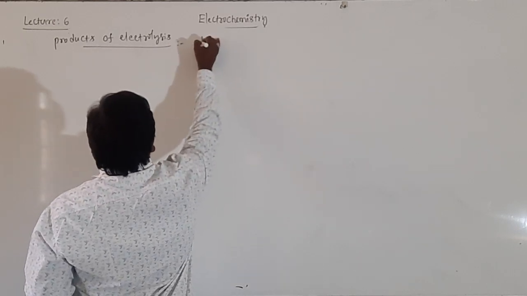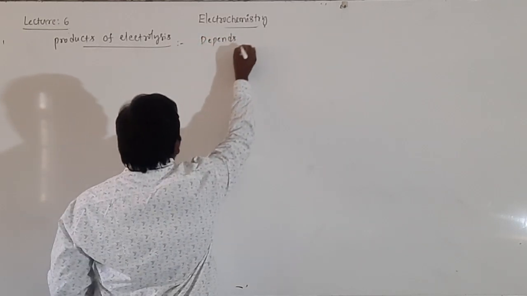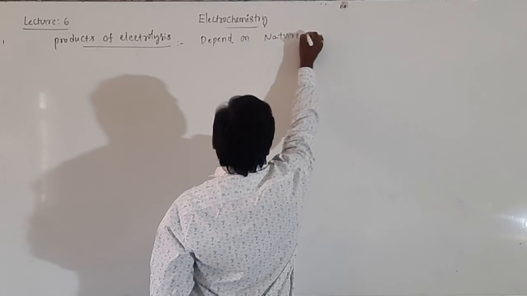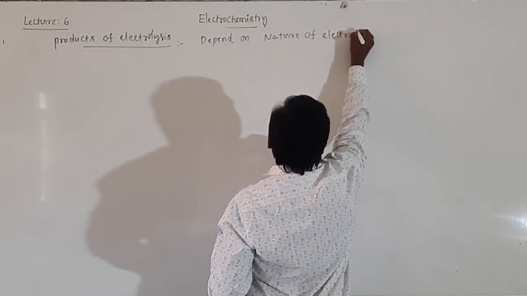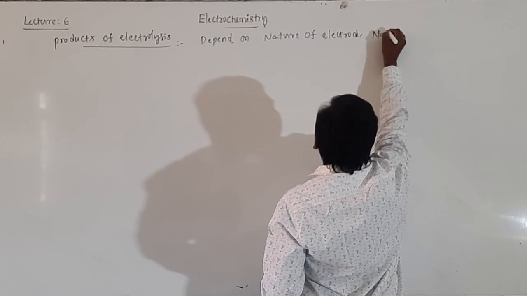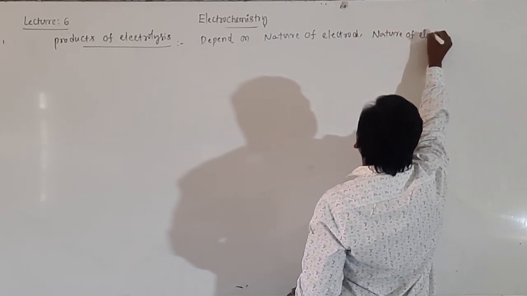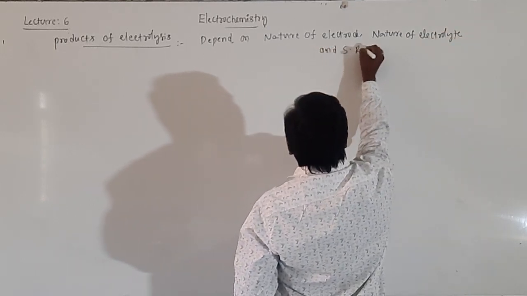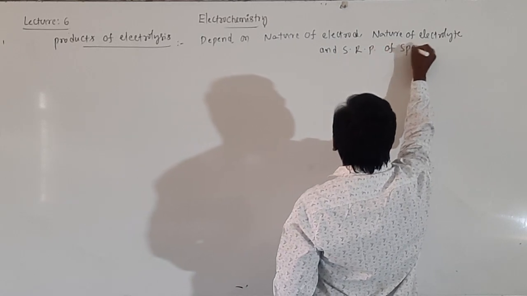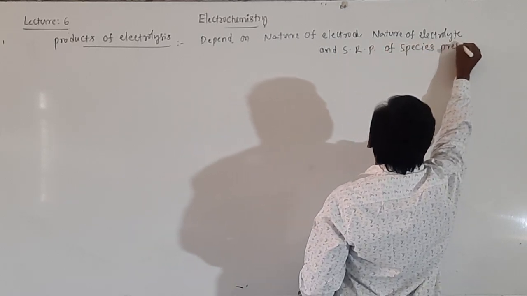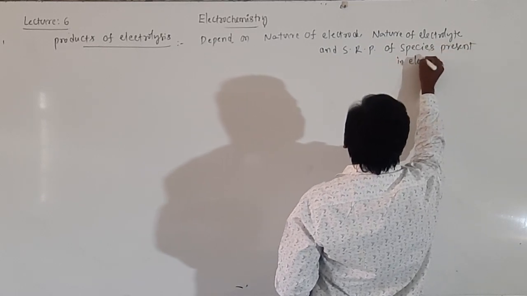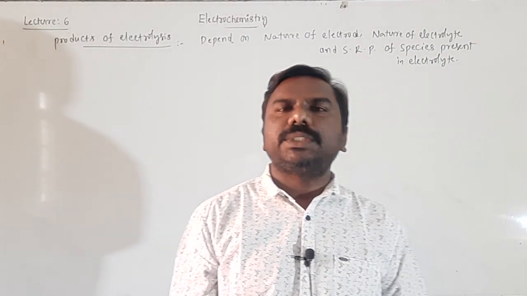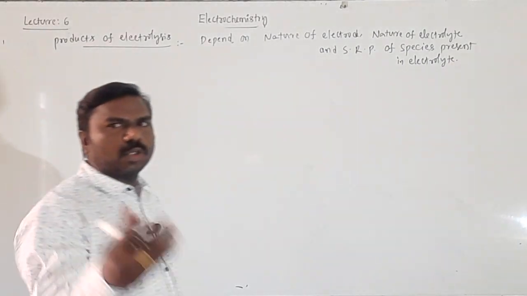So products of electrolysis depend on the nature of electrode, the nature of electrolyte, and the standard reduction potentials of species, nothing but ions, present in the electrolyte solution.